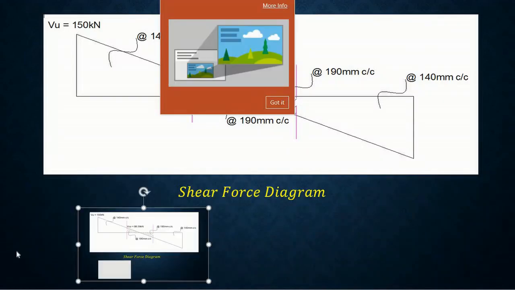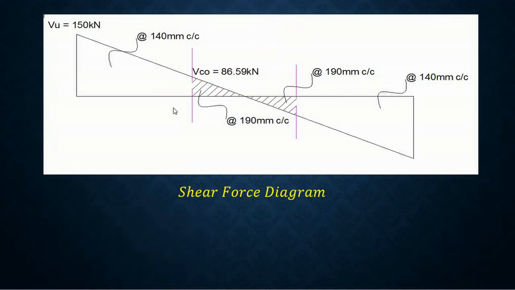How to draw this shear force diagram: you can observe it's like a triangular variation. So by using the similar triangle concept, we can solve this. Here VU, that is shear force, is 150 kilonewton. Write it here.